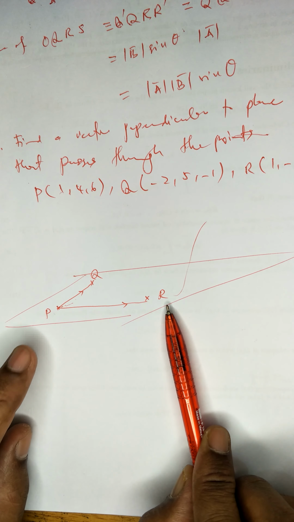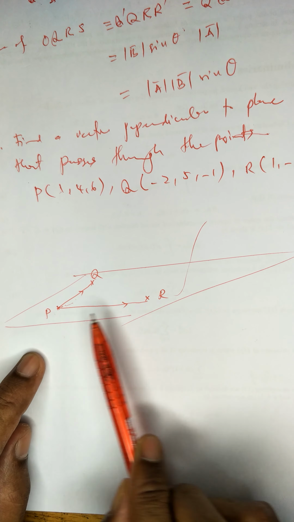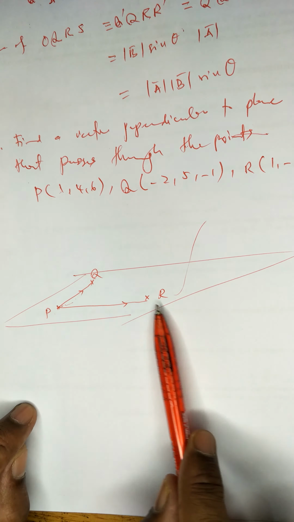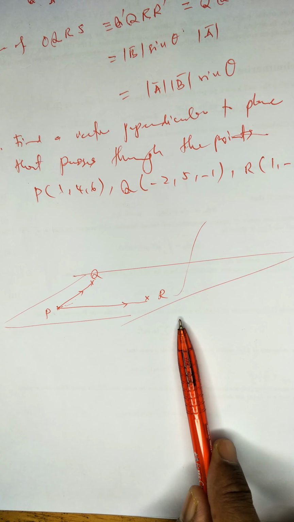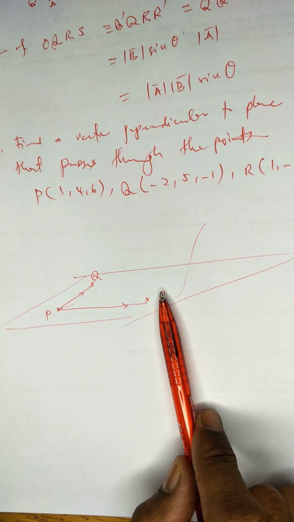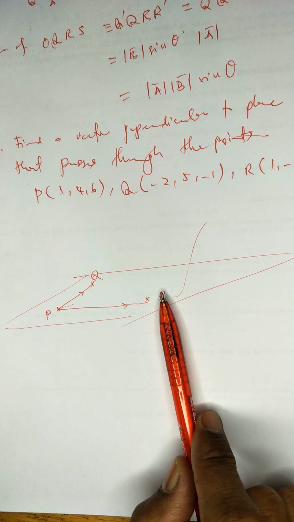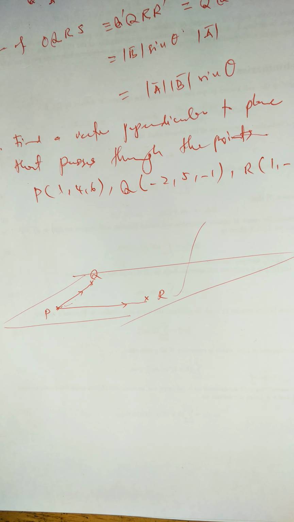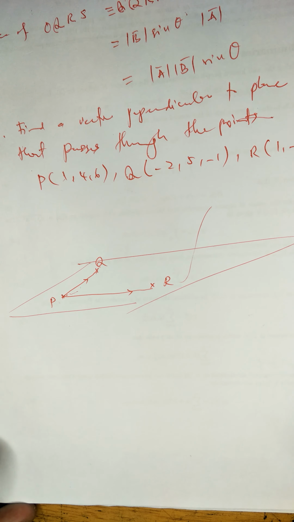You can also use RQ, RP. Of course, these three vectors that you obtain using different points of reference give you different vectors, but they are still perpendicular. To show that those vectors are perpendicular, you can use the dot product again, equal to 0. I hope you can understand those things.